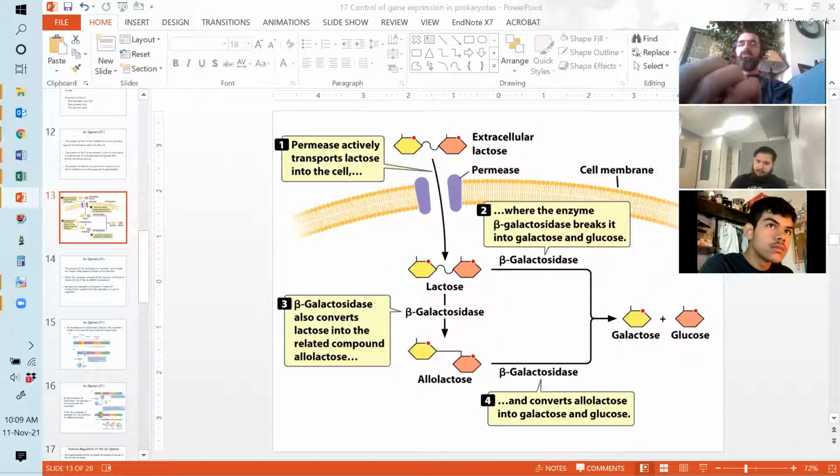As glucose levels increase, cyclic AMP levels decrease. As glucose levels decrease, you guessed it, cyclic AMP levels increase.